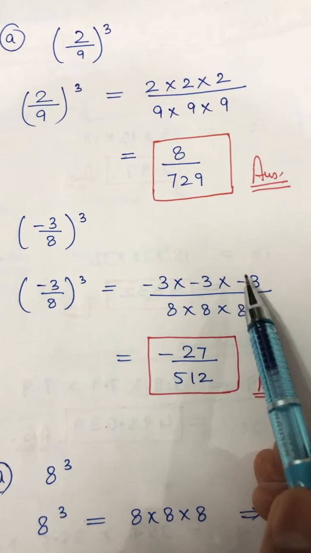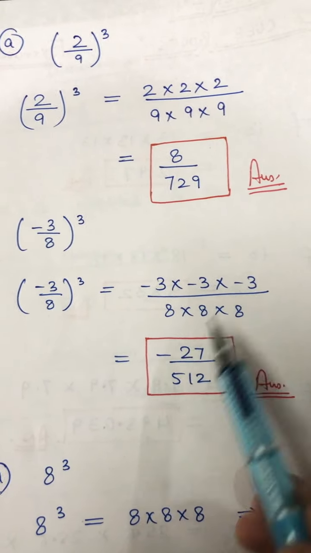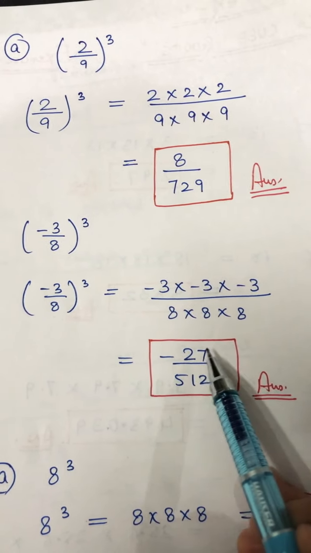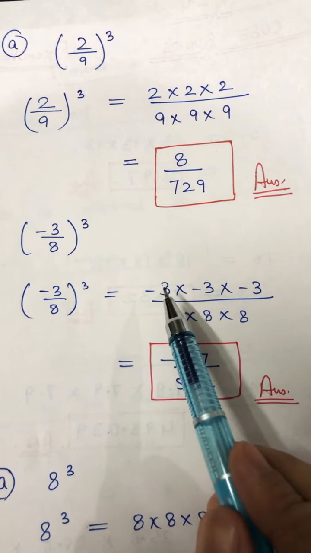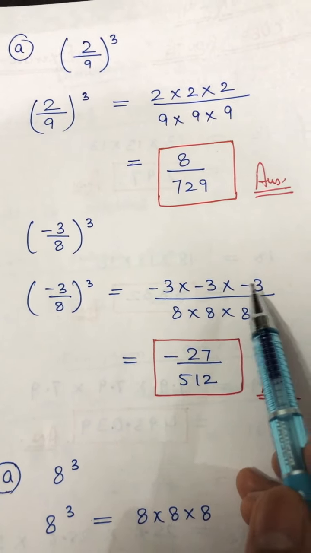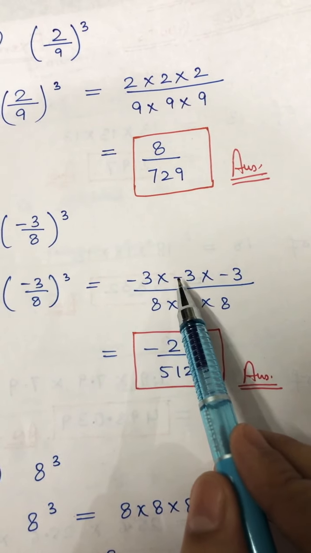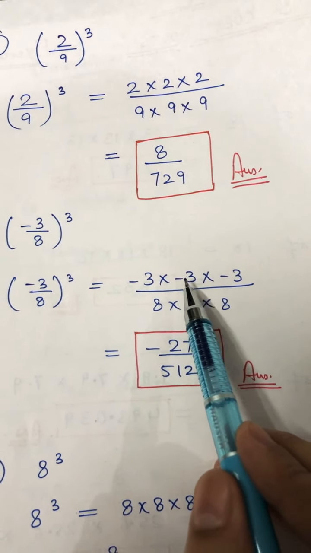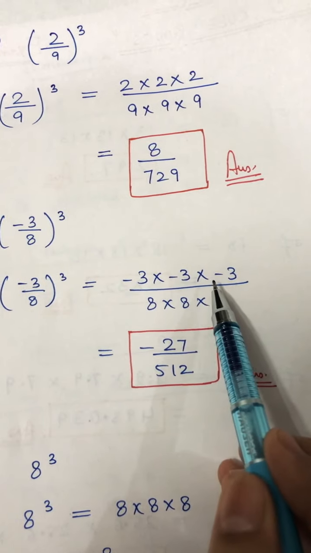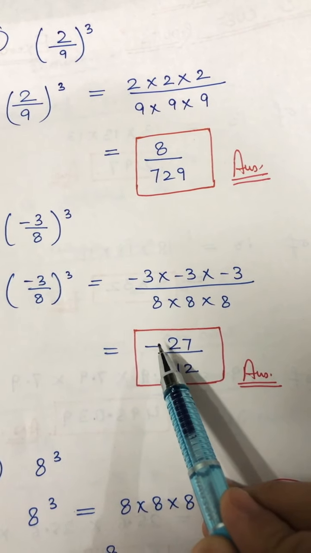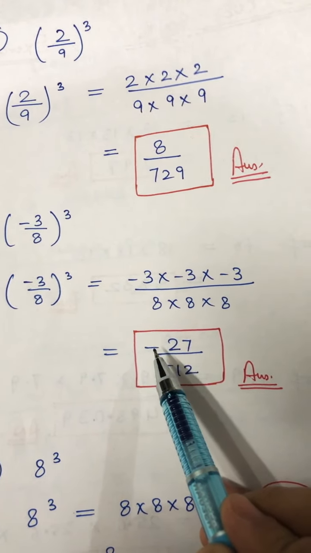When you multiply 3 three times, the answer will be 27. 3 threes are 9, so 27. But now you have to check the negative sign. If you multiply minus and minus, it will be plus. Again, if you multiply this plus with minus, it will be minus again. Got it?